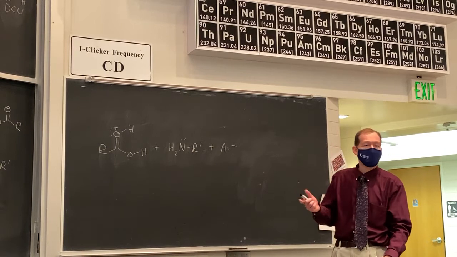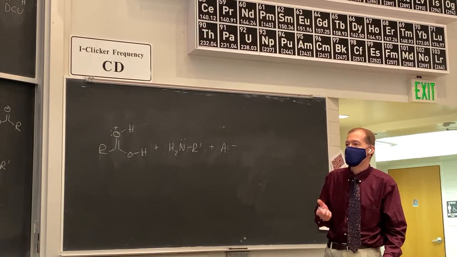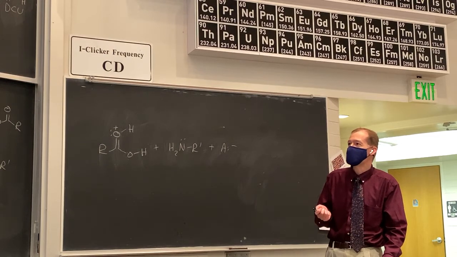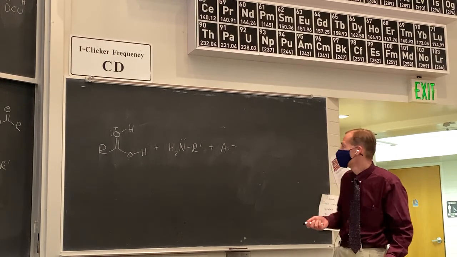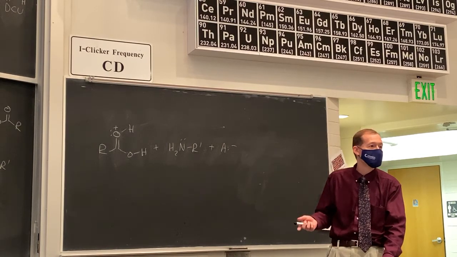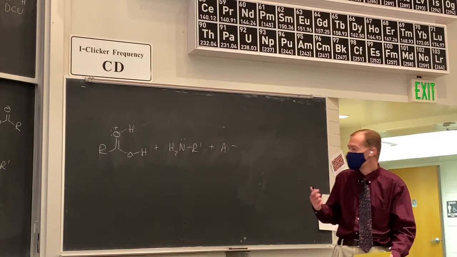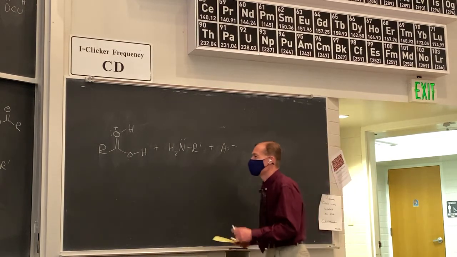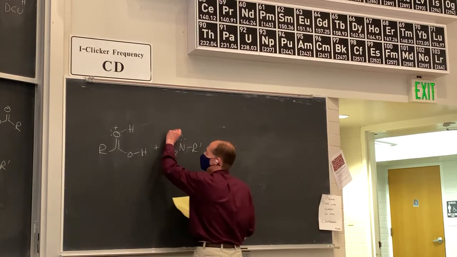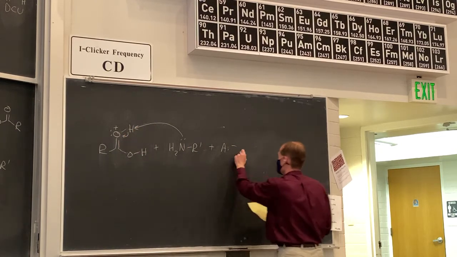So when we're hydrolyzing esters, we use the conjugate base of our acid to deprotonate the oxygen. What's going to be more basic, the amine or the conjugate base? The answer is the amine is going to be more basic. So when we're hydrolyzing an amide, it's the amine that deprotonates the carboxylic acid.